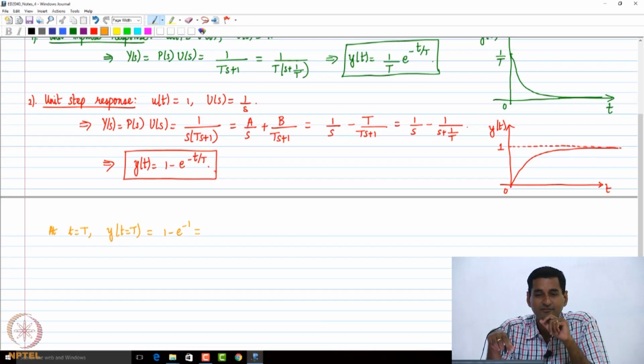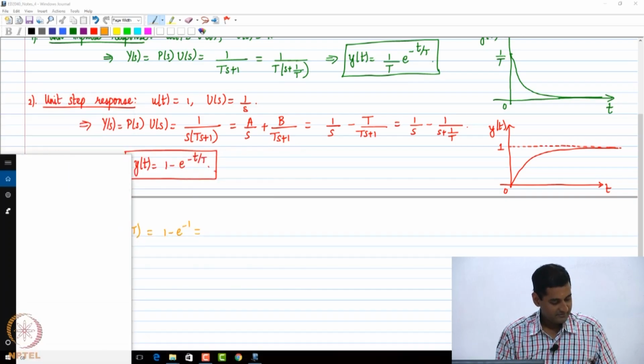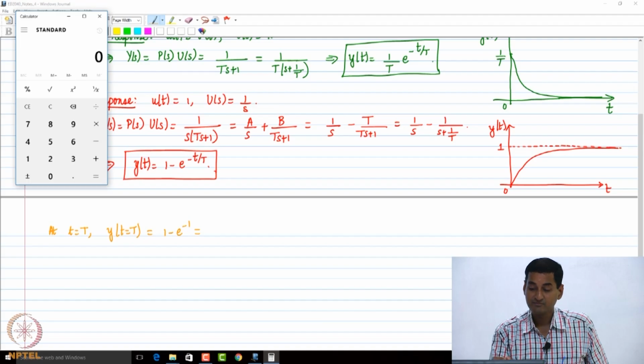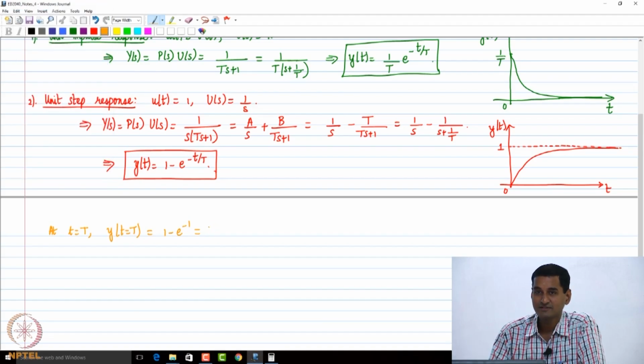If you have a calculator, please calculate. So let's see whether we have a calculator here. 0.632, right? So this will come as 0.632, right?